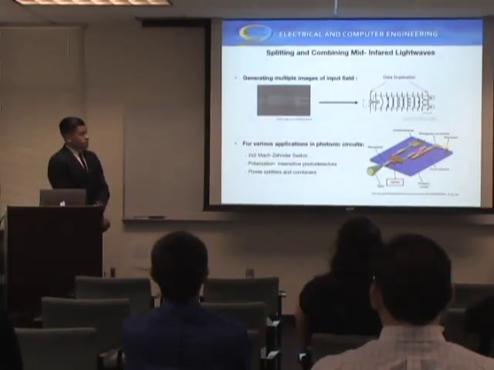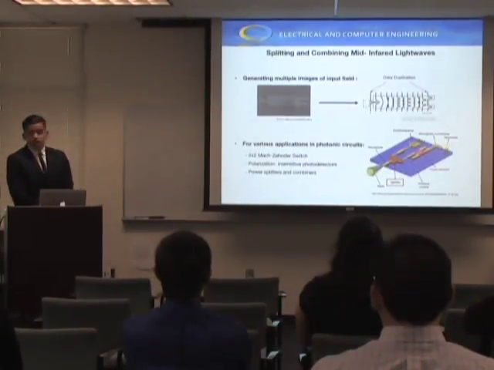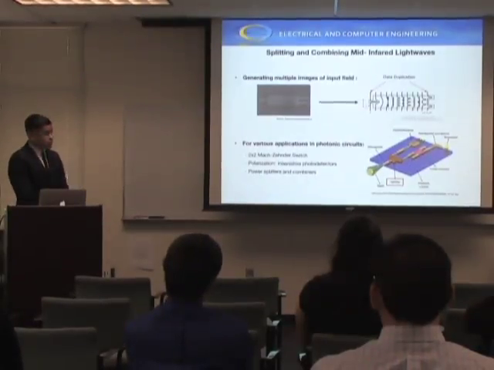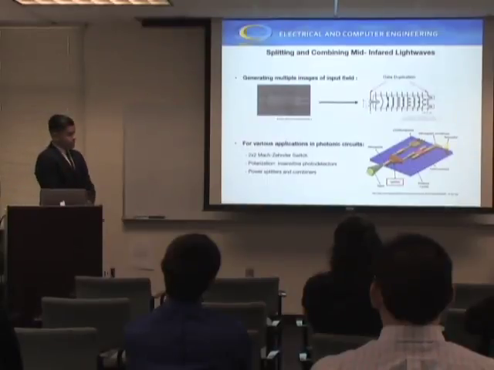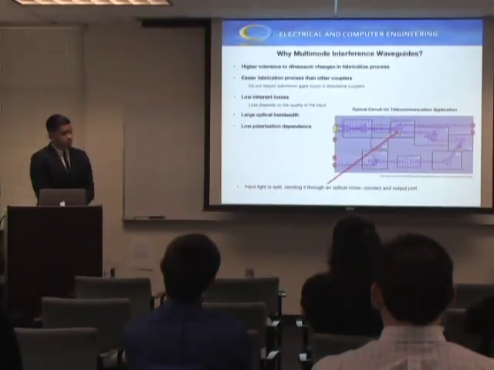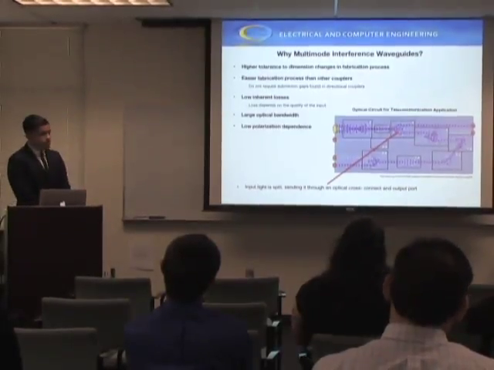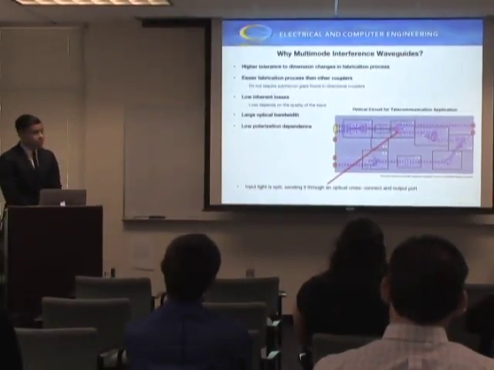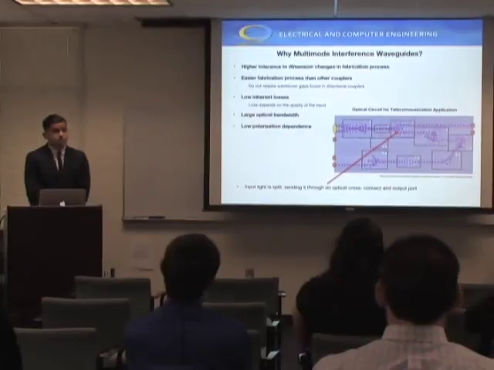Various components in optical circuits require these images and the generation of multiple images to work, for example optical switches and photodetectors. So why multimode interference? As mentioned earlier, in the fabrication process we can get some variation in dimensions.